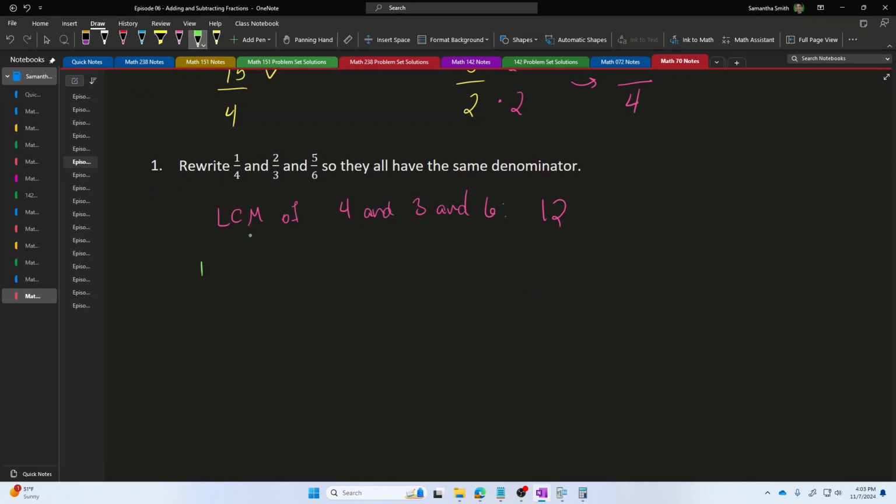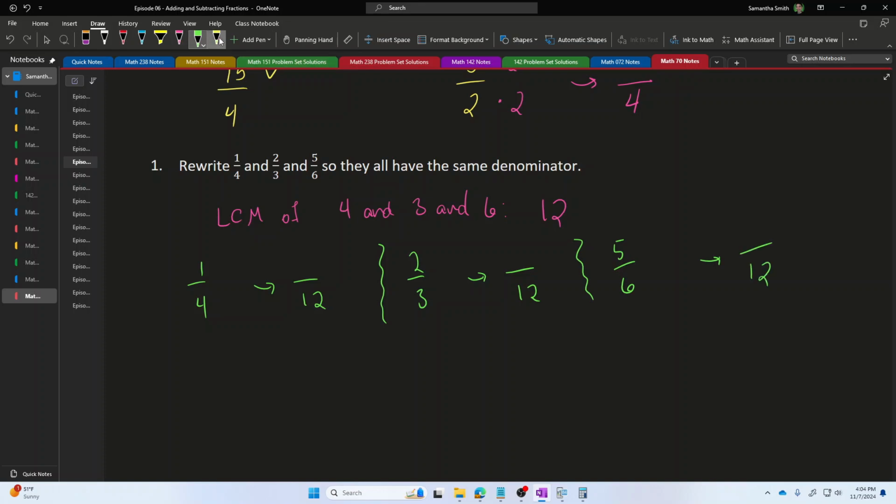So I'll take 1/4 and rewrite it so it has a denominator of 12. I'll take 2/3 and rewrite it so it has a denominator of 12. And I will take 5/6 and rewrite it so it has a denominator of 12.